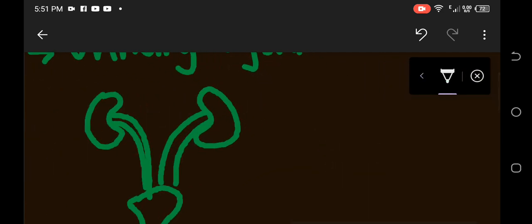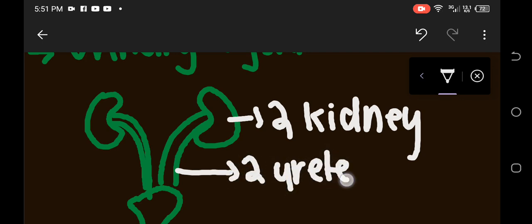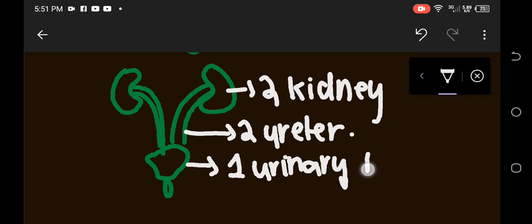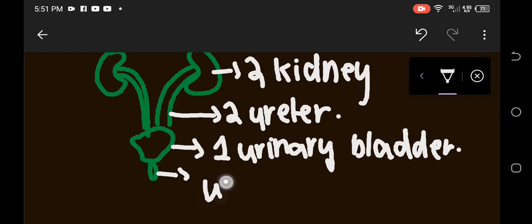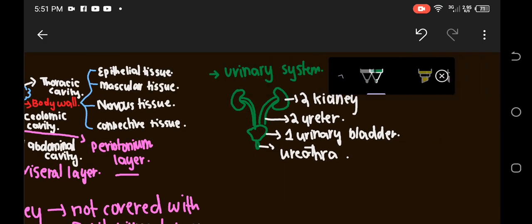First, two kidneys, two ureters, one urinary bladder, and one urethra.